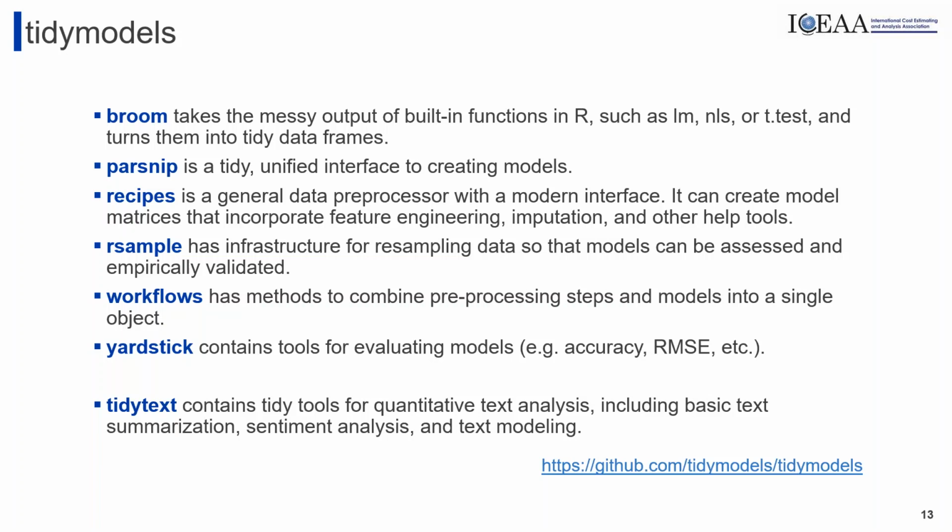Again, it's all about setting up steps that you can hit go on rather than having to constantly tweak all these parameters. Yardstick, tools for evaluating models, and then something I've used quite a bit actually, Tidytext. I point it out because it's useful for natural language processing and quantitative text analysis. That's an overview. If you're interested in this framework, they have a lot of documentation. You can poke around their site. So that's one of the more popular ones.